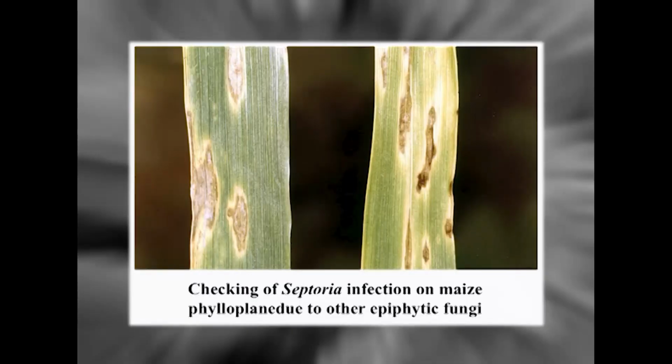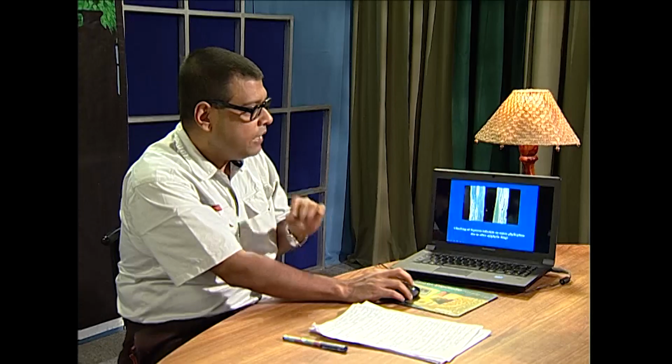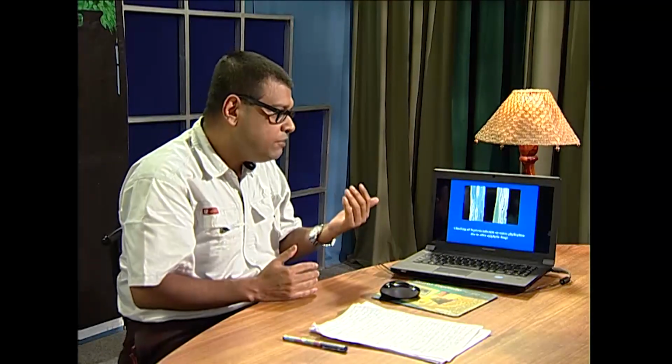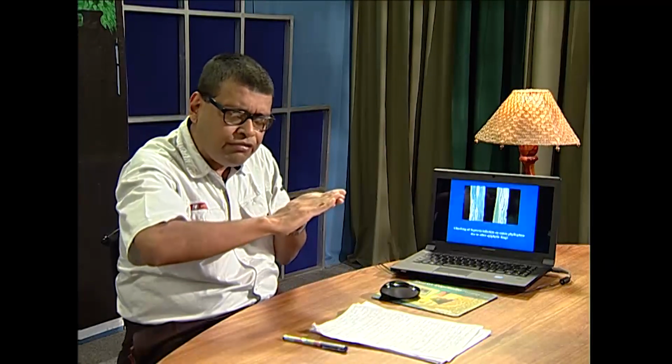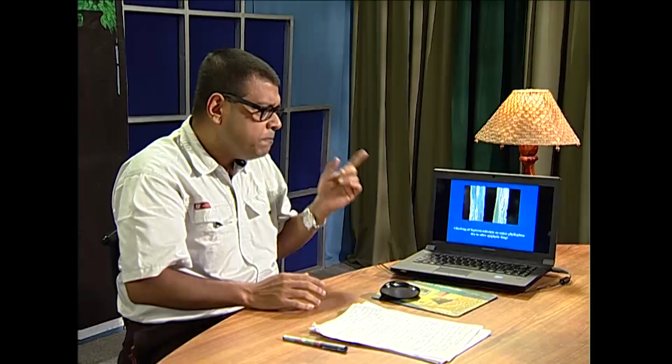And this is Septoria infection on the phylloplane, you can see that these lesions are restricted, but these lesions are more fused and the damage of the leaf is more. Why is this? It is because if the phylloplane is having too much epiphytic fungi, then the Septoria related damage is minimized, or in other words, the Septoria infection is checked because of phylloplane friendly microbe.